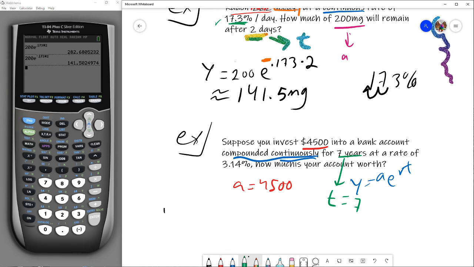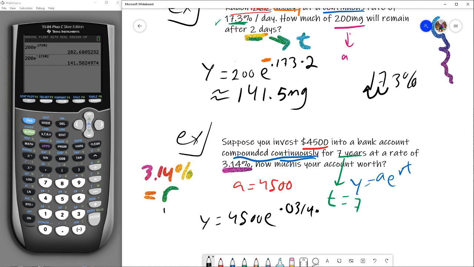And that 3.14%, that's equal to R. So Y is equal to 4,500 e to the 0.0314 times 7.